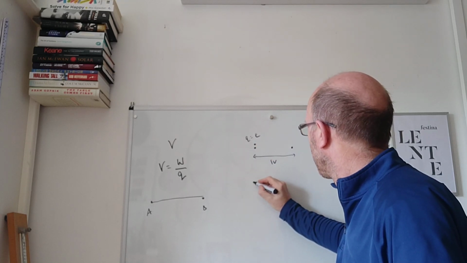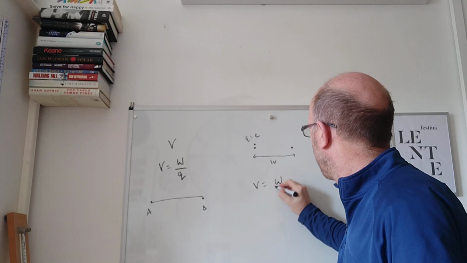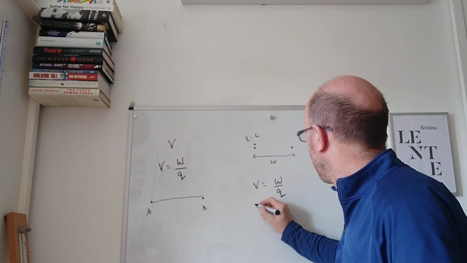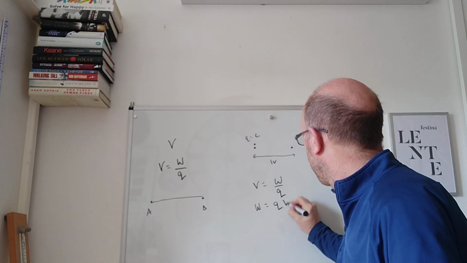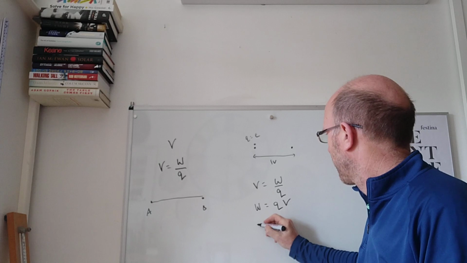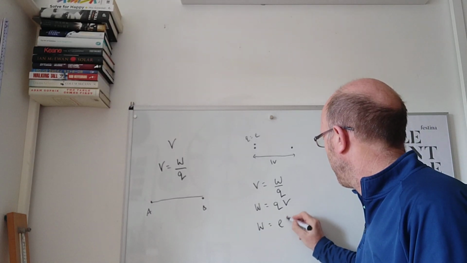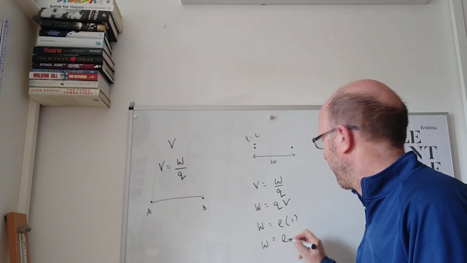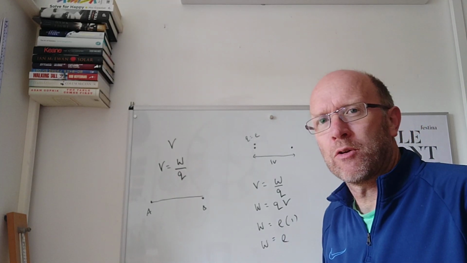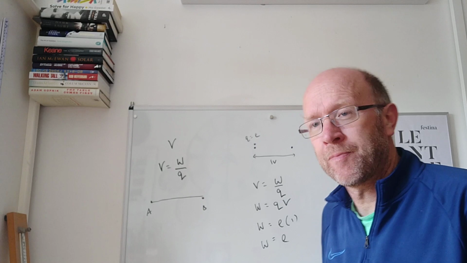So the voltage is work done divided by charge, so the work done is Q times V. If it's 1 electron and it's 1 volt, the work done is e times 1. So the work done is the charge on the electron, 1.6 × 10^-19 coulombs. So that's it.